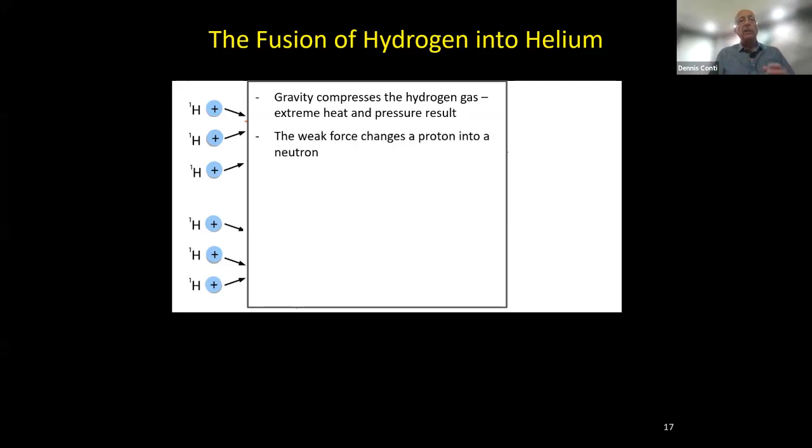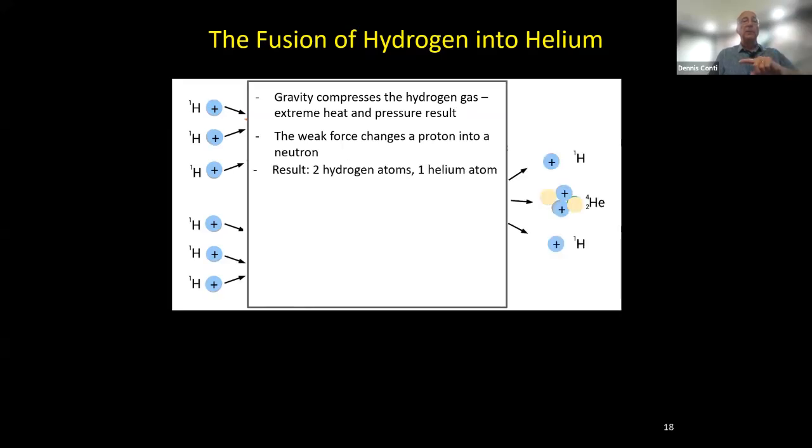And the weak force, this is where the weak force I mentioned earlier comes into play, changes these protons that you see, the little plus, into a neutron. This resulted in 2 hydrogen atoms and helium. Now, if you count the blue pluses, you've got 6 on the left, you've got 4 on the right, and you've got 2 neutrons. So somehow 2 of the hydrogen atoms turned into neutrons.